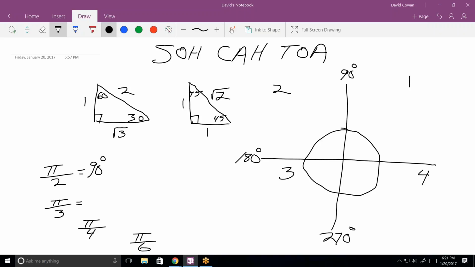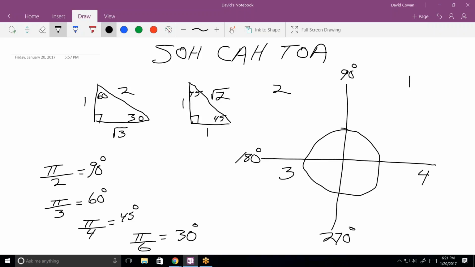Pi over 3 is the same as 60 degrees. Pi over 4 is 45 degrees. Pi over 6 is 30 degrees. And notice what's common about all of those. The denominator times the degrees is 180. So as long as you have just one pi in your numerator, this is a really nice, fast way of converting from radians to degrees.